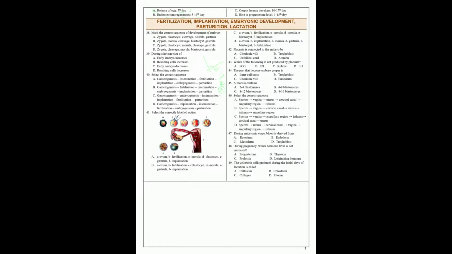So the 9th day, 10th day, 11th, 12th, 13th, 14th, 15th, 16th, 17th. So from the 10th to 17th day, corpus luteum develops. That is the correct answer, because ovulation occurs before it.